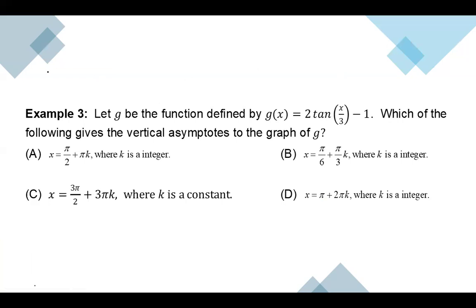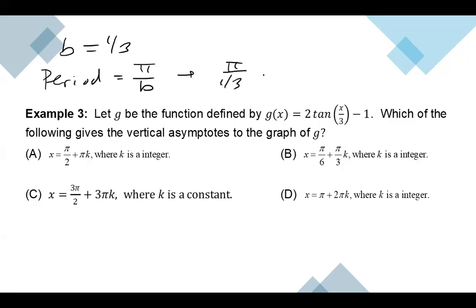So in order to find your period here, your period for this one equals, again, pi divided by your B. And our B is 1/3. So this leads to pi divided by 1/3. What is pi divided by 1/3? This equals 3 pi.